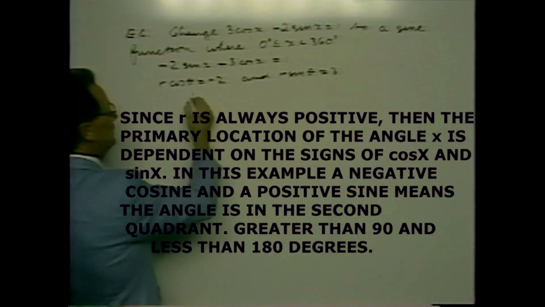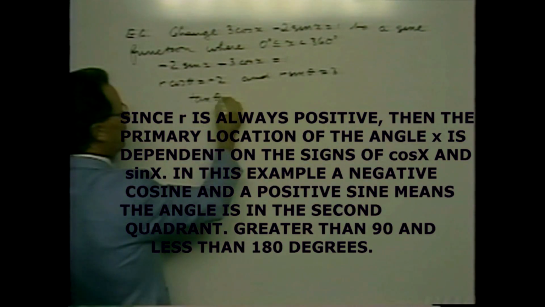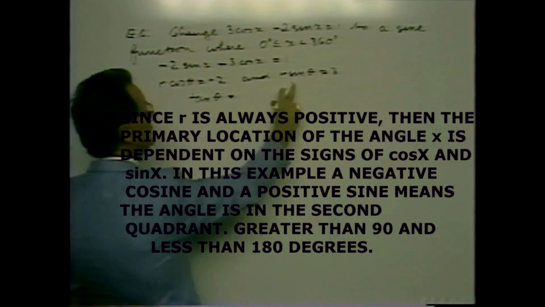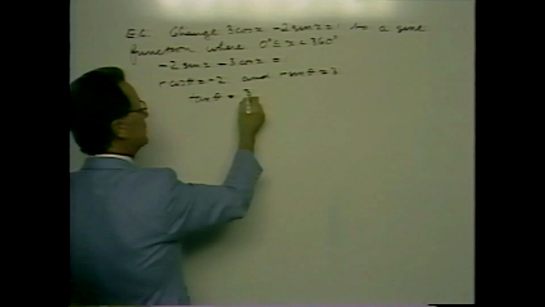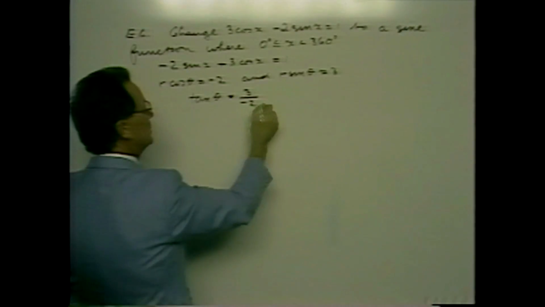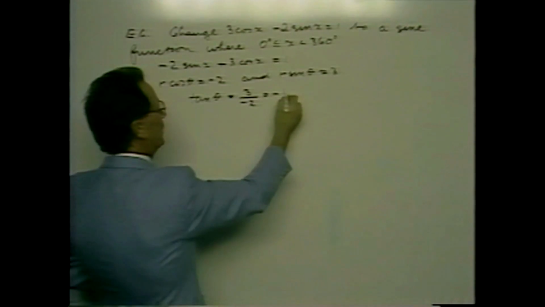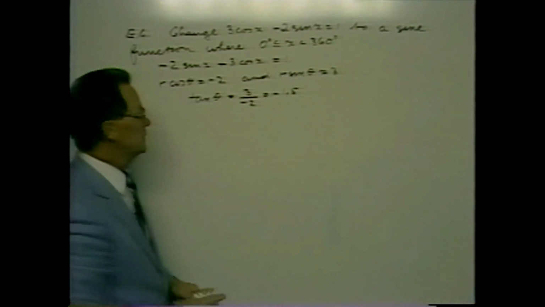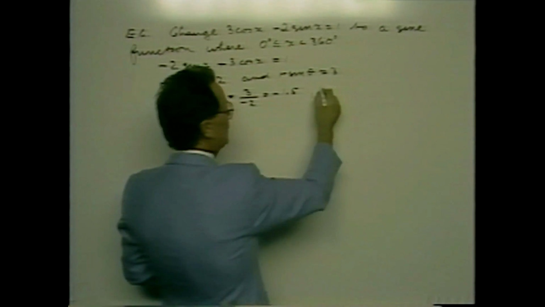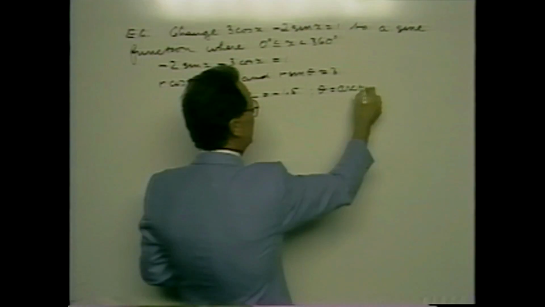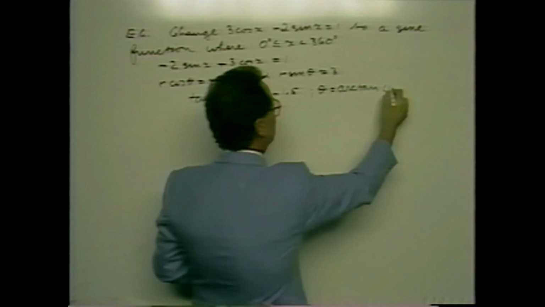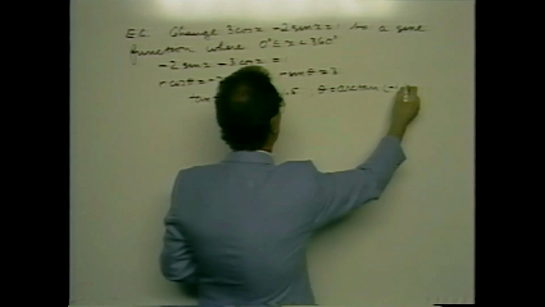Tan theta is therefore equal to the sine of theta over cos theta, which is 3 over minus 2, or minus 1.5. Using the calculator, theta is equal to the arctan of negative 1.5.